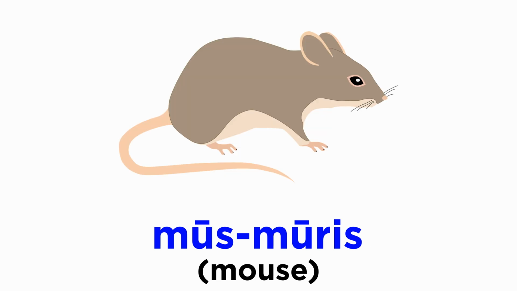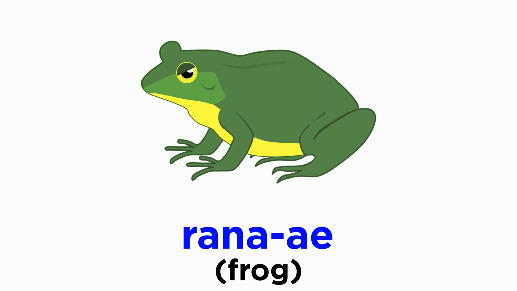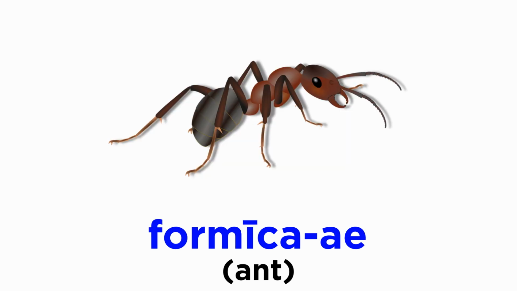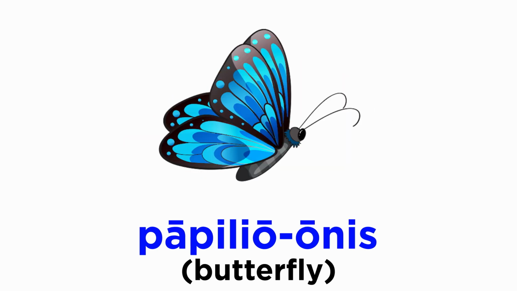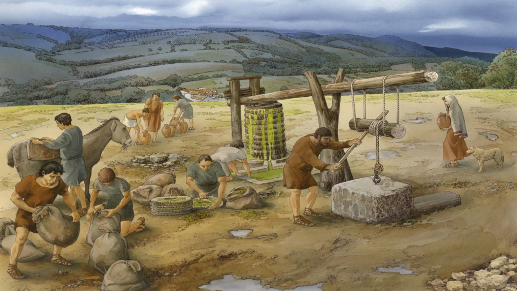Mus, muris. Agnus, agni. Rana, ranae. Formica, formicae. Papilio, papilionis. Aranea, araneae. Those are the most common animals that can be found around the home.